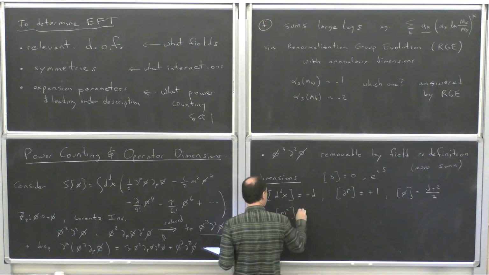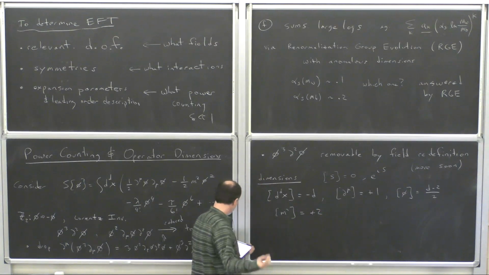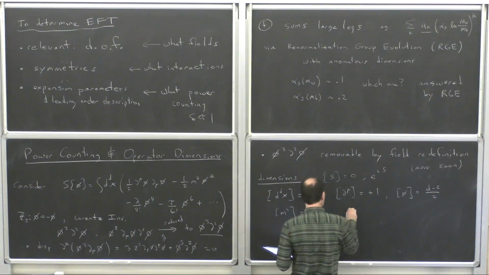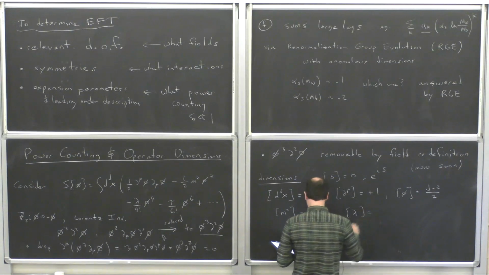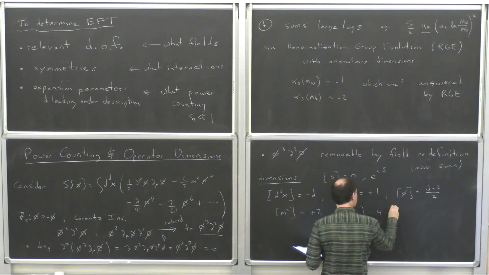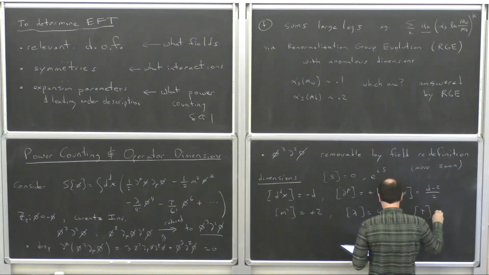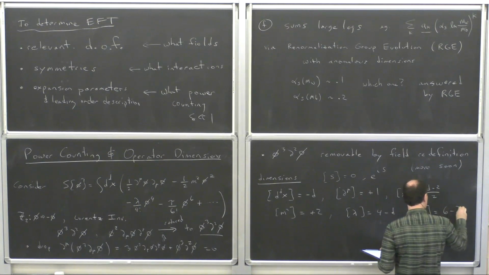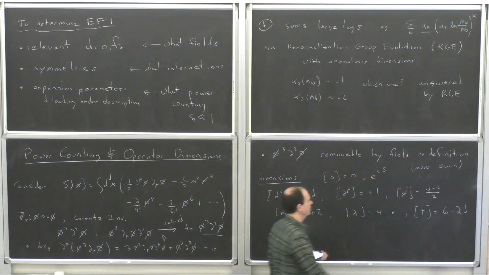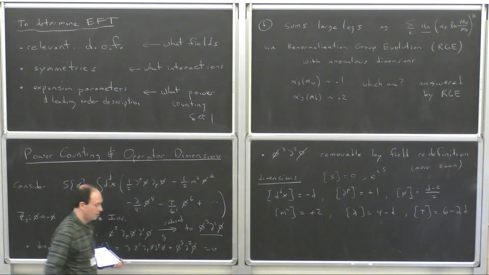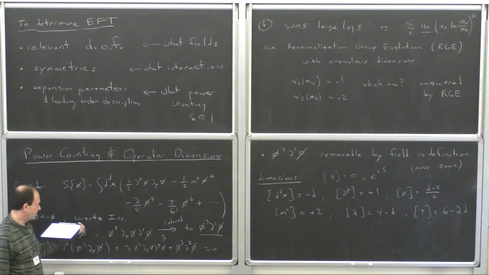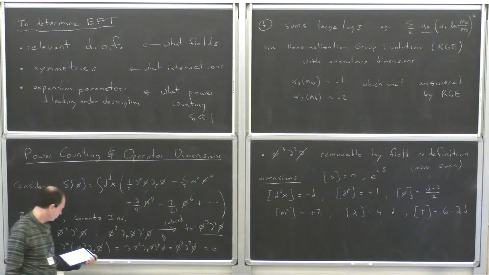Anyway, it's not so hard. The mass squared has dimension 2. The lambda in d dimensions has dimension 4 minus d. I just go through and determine the dimensions of everything. The tau has dimension 6 minus 2d. I know the dimensions of all the parameters and all the terms in the action.